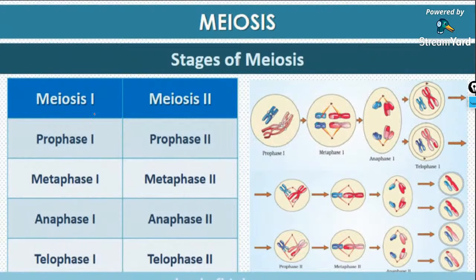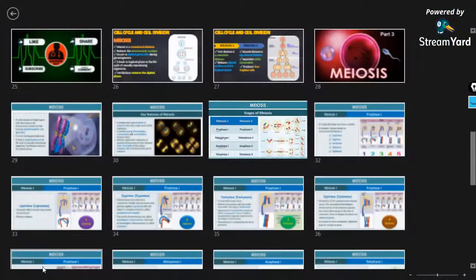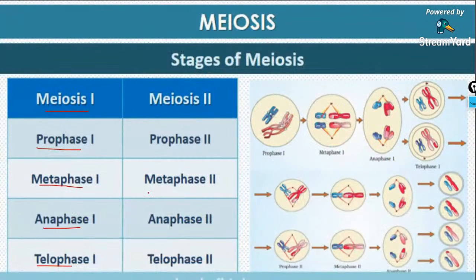So, stages of meiosis. Meiosis 1 consists of prophase 1, metaphase 1, anaphase 1 and telophase 1, and meiosis 2 consists of prophase 2, metaphase 2, anaphase 2, and telophase 2. Prophase 1 of meiosis 1 further divides into five stages that we have discussed: leptotene, zygotene, pachytene, diplotene, and diakinesis.